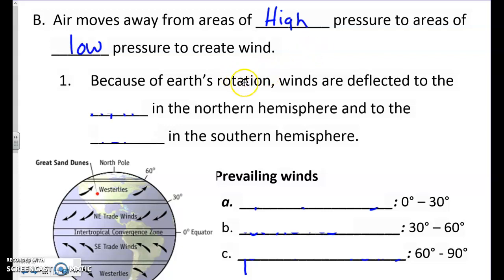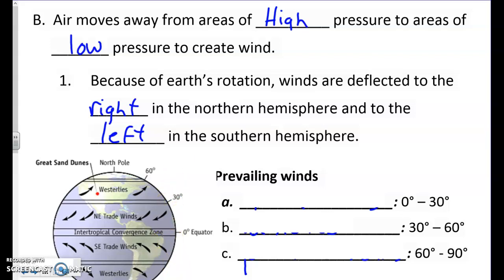That's not the only thing that's going to happen with our wind. Because of the Earth's rotation, the atmosphere sits above the Earth, so the Earth is actually rotating below the atmosphere, and it looks like the wind is moving right in the northern hemisphere and left in the southern hemisphere. This is known as the Coriolis effect. So the Coriolis effect is when we see that change in motion of the air to the right or left.